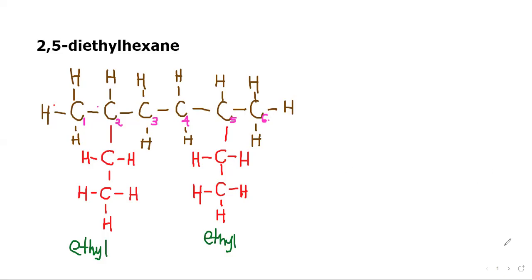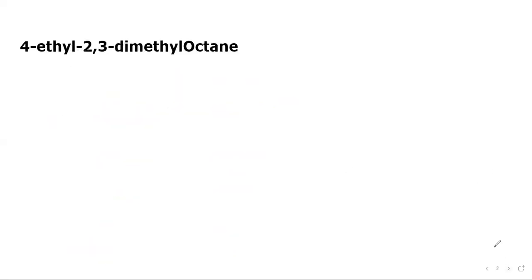And then let's continue. Here they want us to draw the structural formula of 4-ethyl 2,3-dimethyl octane. Since it's an octane, it simply means it's an alkane with 8 carbon atoms. So 1, 2, 3, 4, 5, 6, 7, 8.